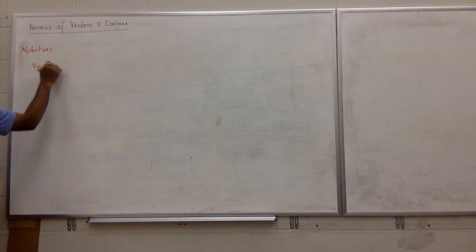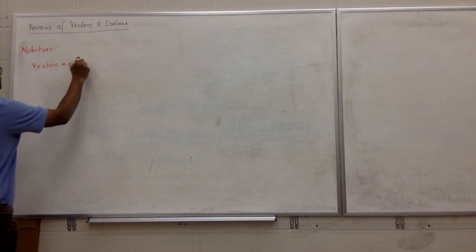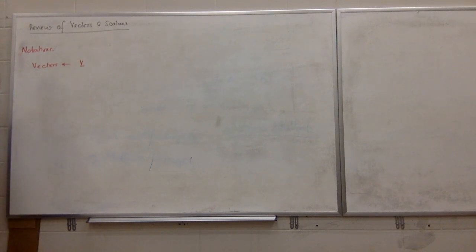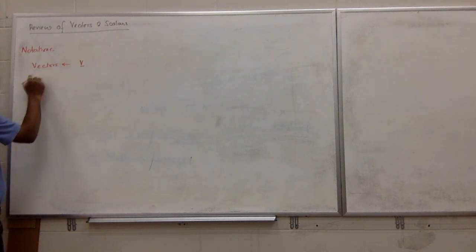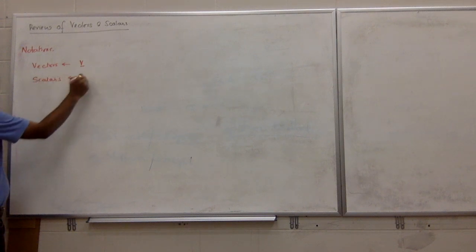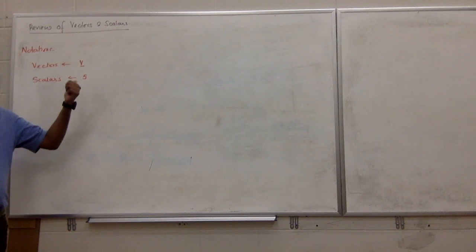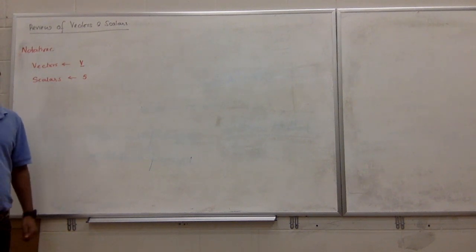Vectors, we use a underline. Okay. Scalars, it will just be that symbol, letter. Okay.